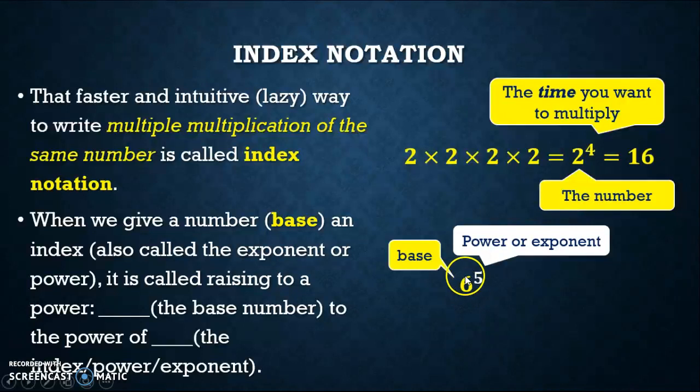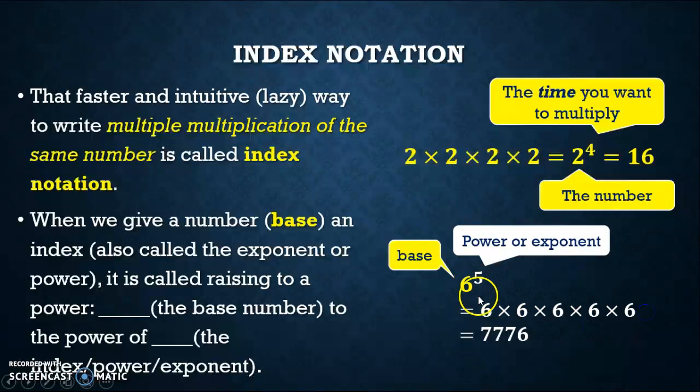The base number is the number we actually want to multiply. This expression reads 6 to the power of 5, and it equals multiplying 6 five times. Then they should equal the same value.